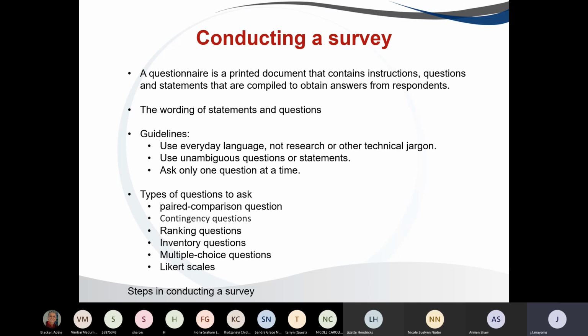And then here we are given what kinds of questions can be asked. I am looking at time, so I'm not going to go through it too quickly, but if you'll follow with me, we are on page 189, and the first one is called paired comparison questions.